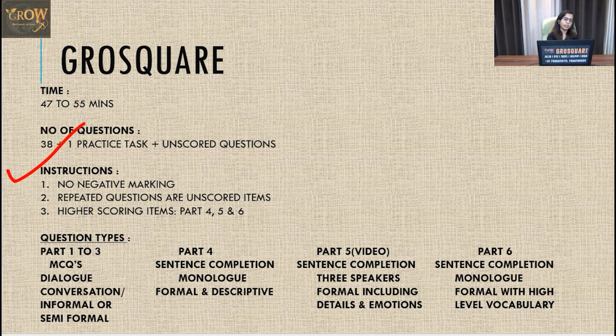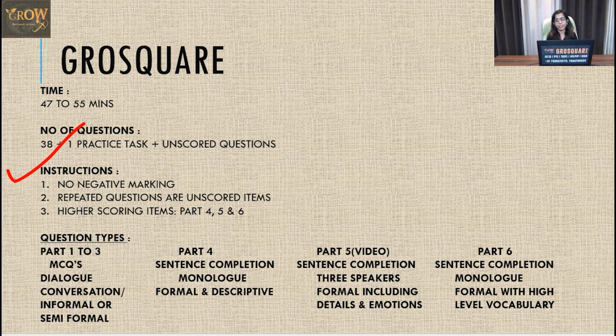Now let's look at the instructions. First of all, in the CELPIP test, the biggest benefit is that there is no negative marking. Since there is no negative marking, you must attempt all the questions without thinking twice. Even if it is a guess, there is a probability that you can get marks from there.